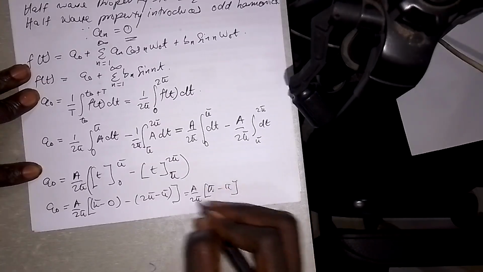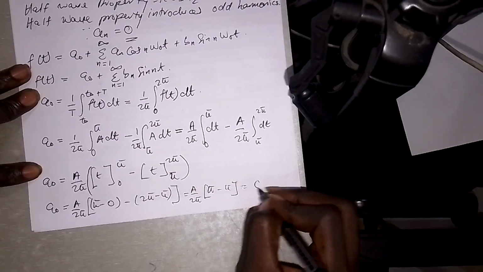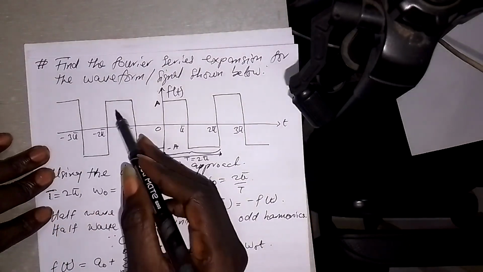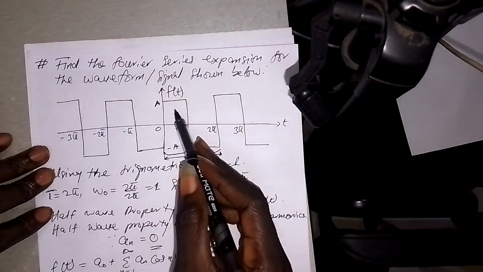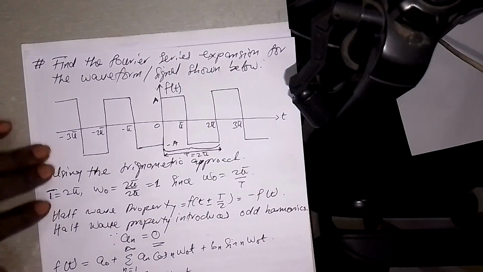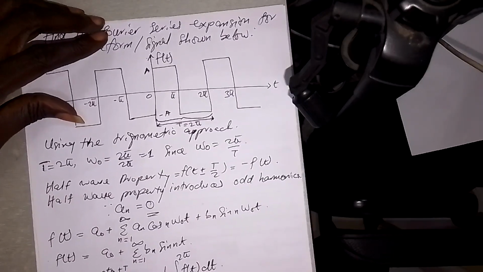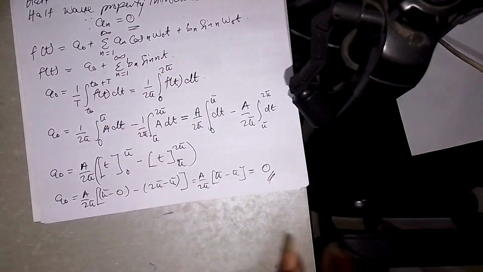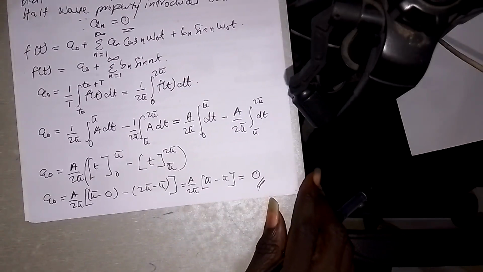If here becomes 0, the whole thing will become 0. So that's what I was telling you: this part is equal to this part, this part is equal to this part, and so on. So they cancel out and it becomes 0. So the average value, or the DC component of this signal, is 0, as I have gotten here.